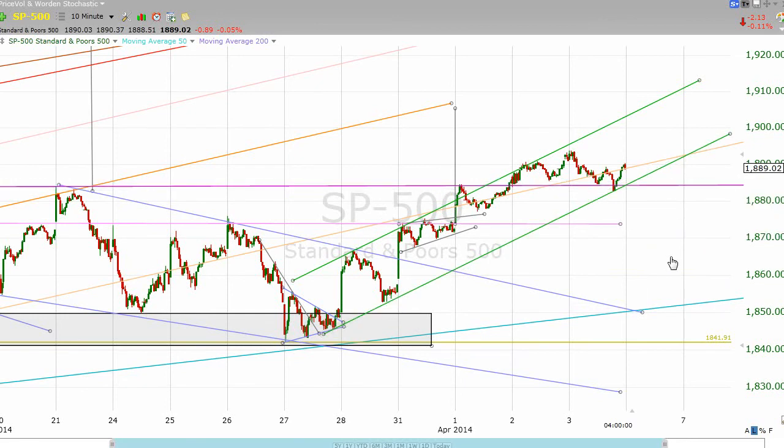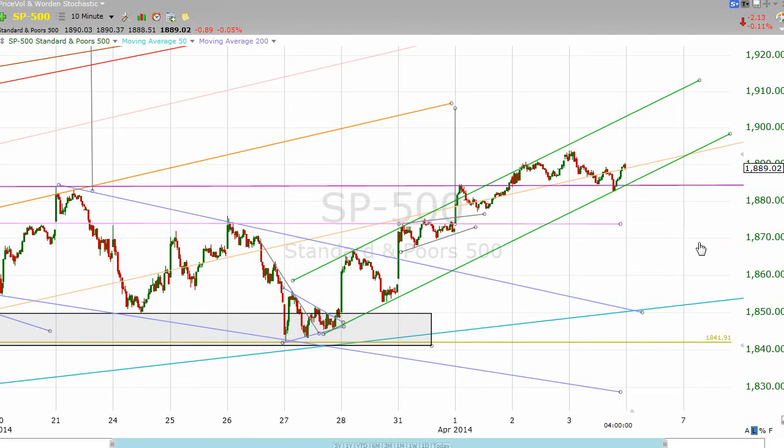Now, if it does, then that means we should be lining up for a move over 1900, and it should happen pretty soon, because as you can see, we're just 2 days away. Actually, the end of trading on Monday, this support line will be over 1900. So if this channel works, then we have to be over 1900 by the close on next Monday, April 7th.